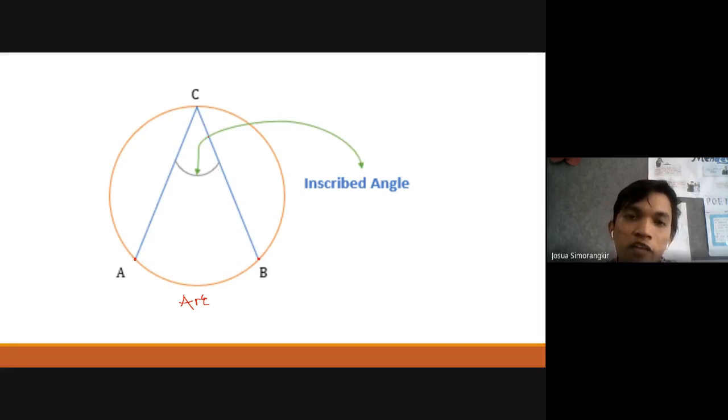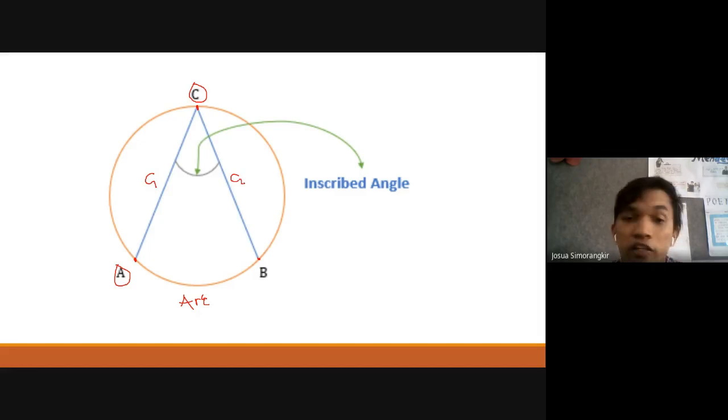I take another point, let's say point C, and I draw a line from point A to point C and from point B to point C. This will give two chords: this is the first chord, and this is the second chord.